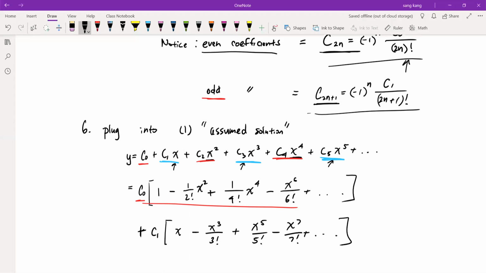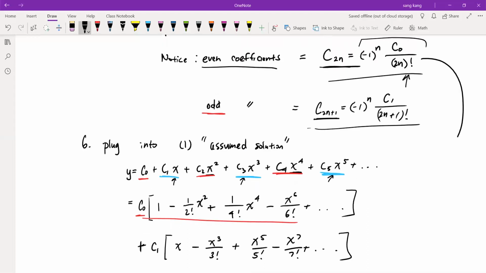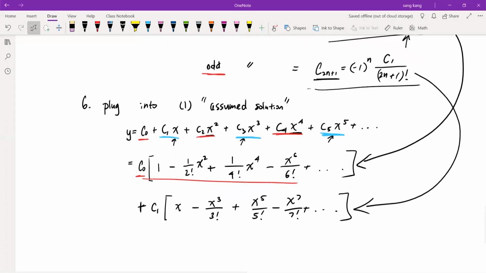So again, just to reiterate, the coefficients of this first term are described by that, and the coefficients of the second term are described by that. And now we have our proposed solution. But if you recall from chapter 11, on page 768 of your book, there's a table that shows all of the common Maclaurin series.